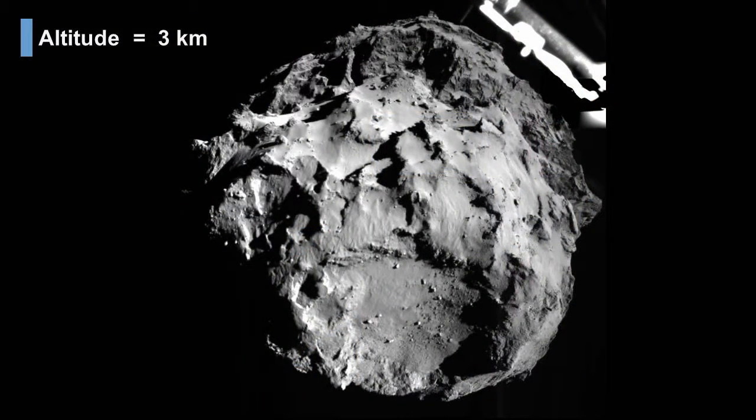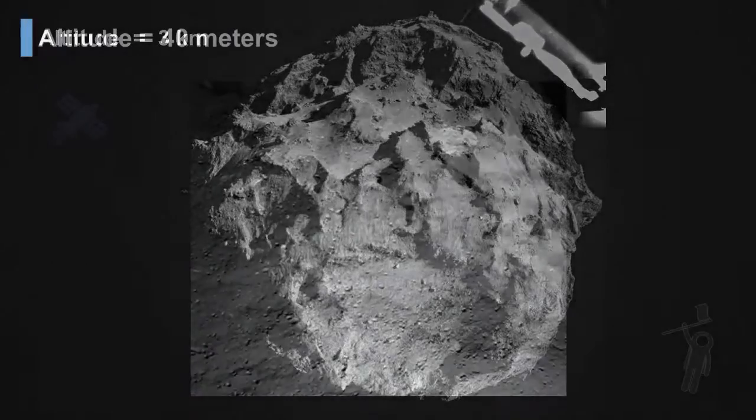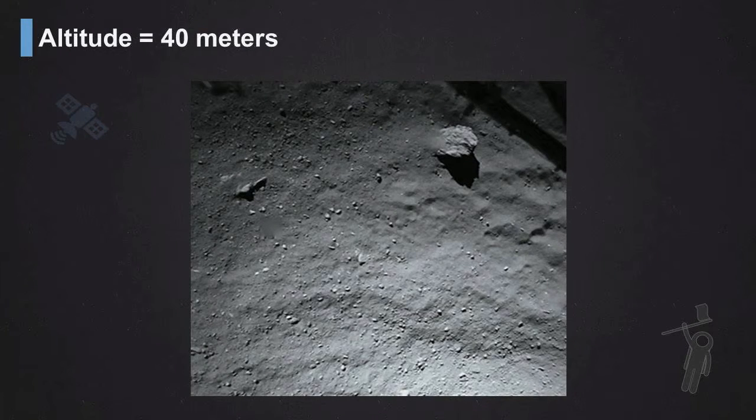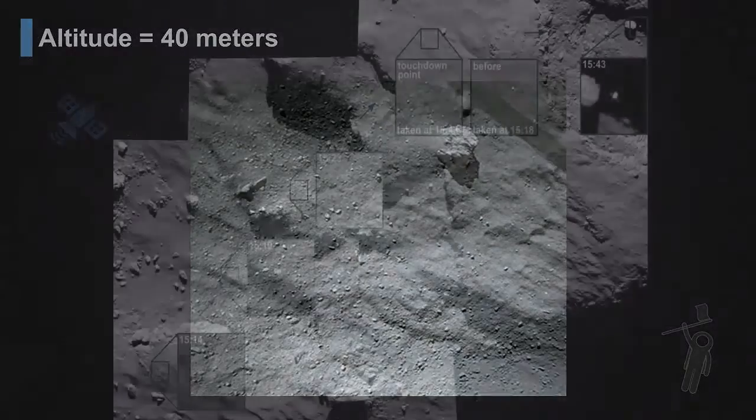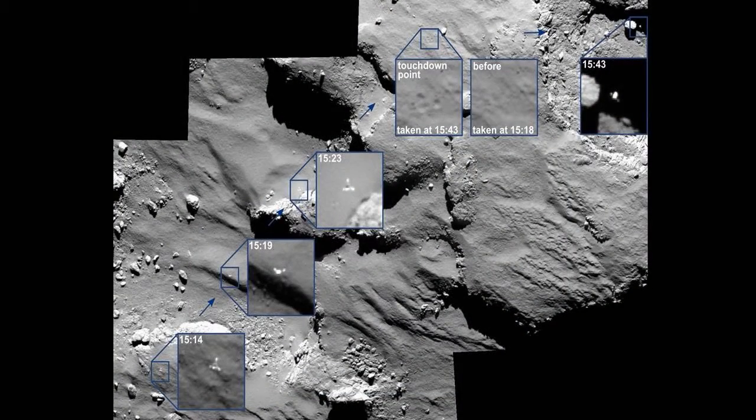So we have a picture of about 3 kilometers above the surface, and then another picture of about 40 meters above the surface, made by the lander. Then we have again the images from the orbiter taking the pictures of the lander, and we could see the lander flying now over the comet surface, going to the touchdown point.